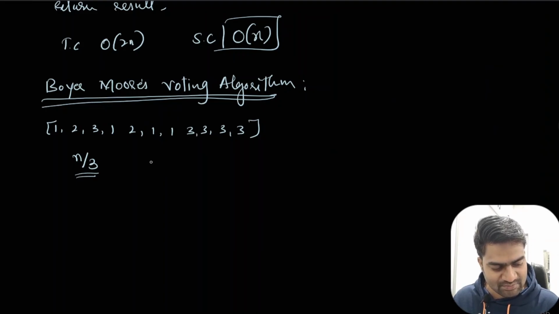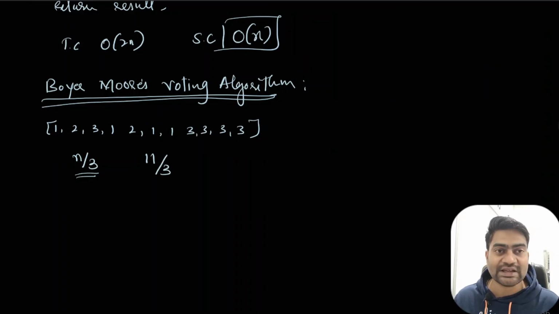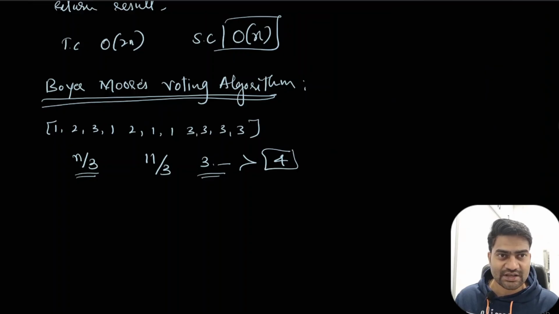So in this example, there are 11 votes. Out of these 11 values, 11 by 3 is somewhere around 3 point something, so it has to be greater than this value. It means the candidate should get at least 4 votes. There are 11 votes, so if you subtract 4, the remaining will be 7.